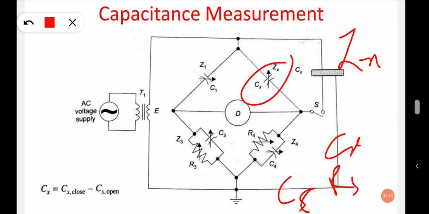In addition, another capacitor C4 is connected in parallel with the resistance R4 as shown in this figure.